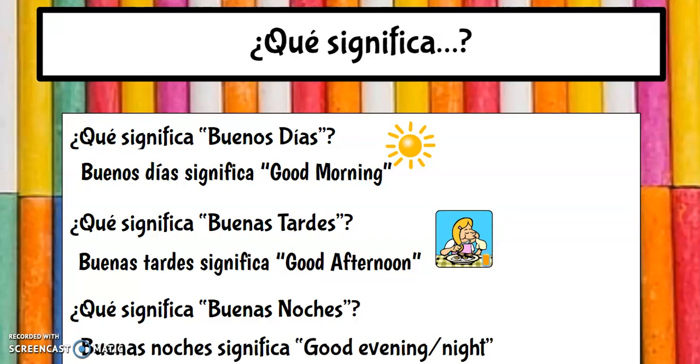Buenas noches significa good evening and good night. So we use buenas noches for both good evening and good night. So once again, ¿qué significa buenos días? ¿Qué significa buenas tardes? ¿Y qué significa buenas noches?